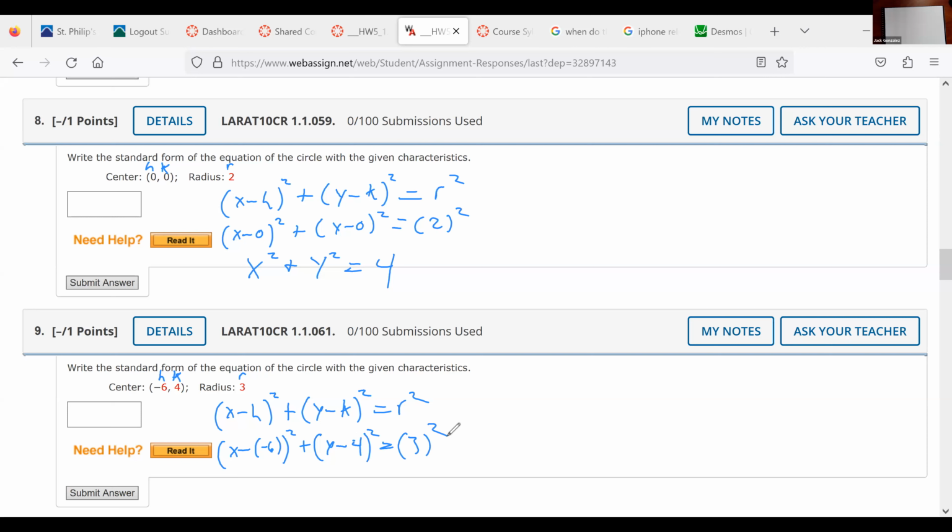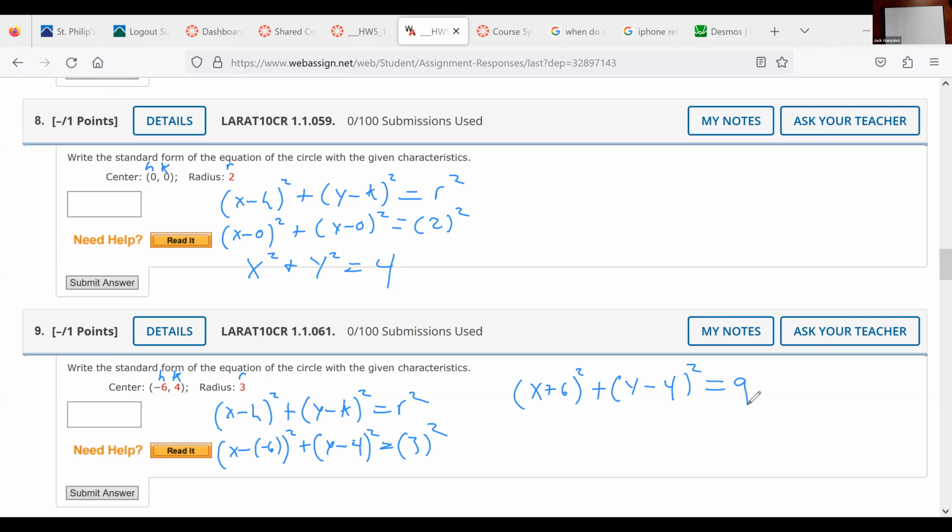So that will simply be x plus 6 plus y minus 4 equal to 9. So this is the standard form of the circle.